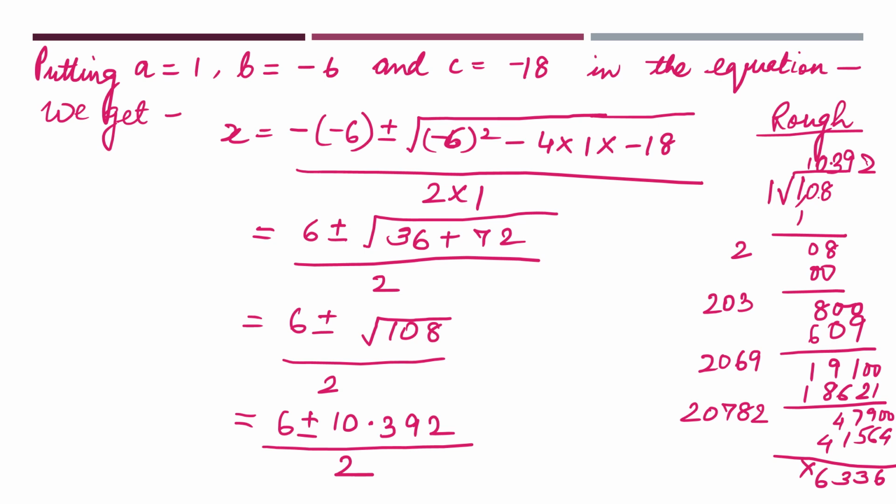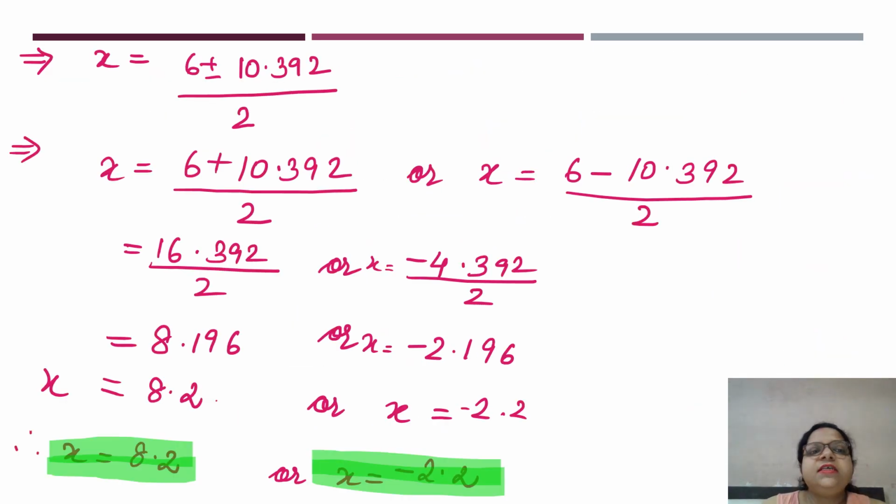So it will be equal to 6 plus minus under root of 36 plus 72 upon 2, that is 6 plus minus under root of 108 upon 2, and the square root of 108 is 10.392. Okay, x is equal to 6 plus minus 10.392 upon 2. x is equal to 6 plus 10.392 upon 2, or x is equal to 6 minus 10.392 upon 2.